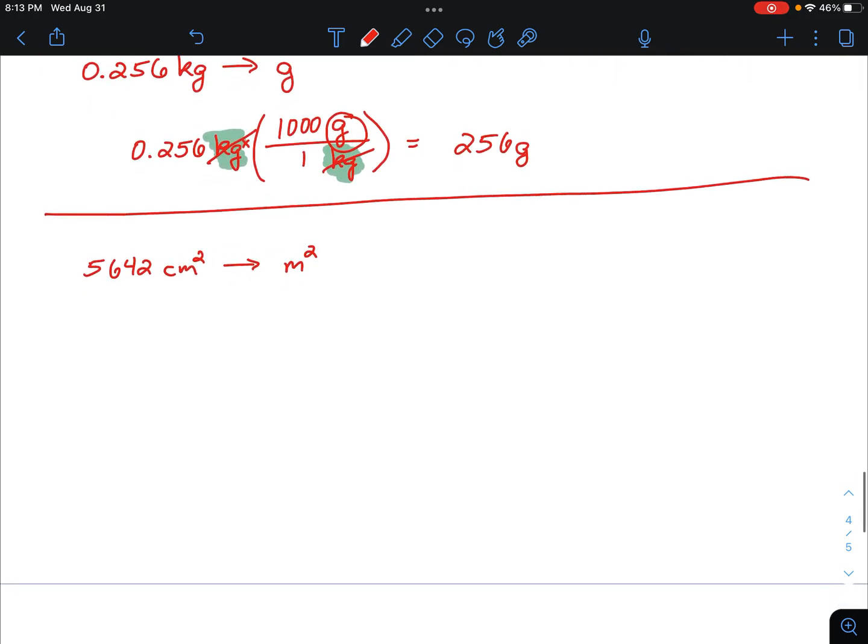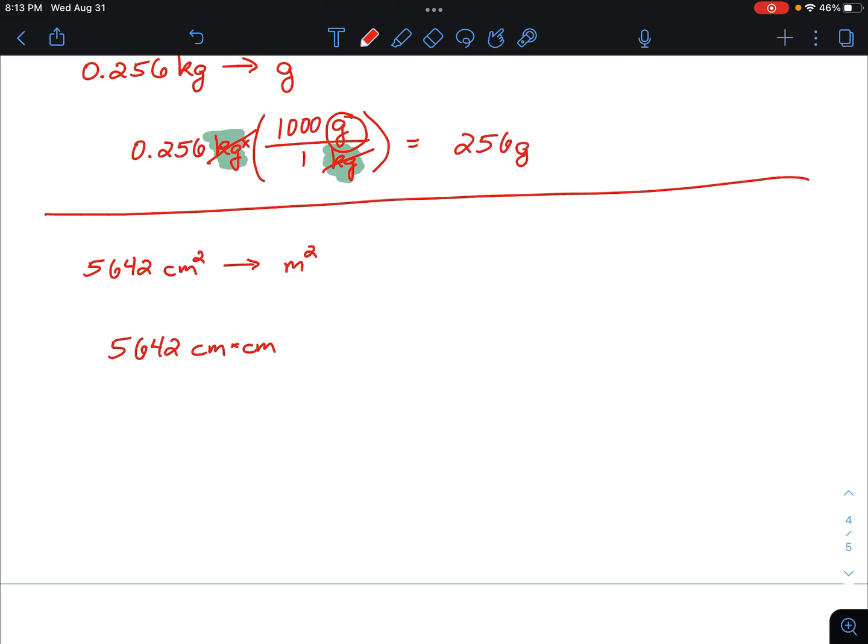Okay, so remember that in this case, I actually have 2 centimeters that I need to convert. So we're going to start with 5,642. And instead of writing centimeters squared, I'm going to write centimeters times centimeters, because that's what a centimeter squared is.